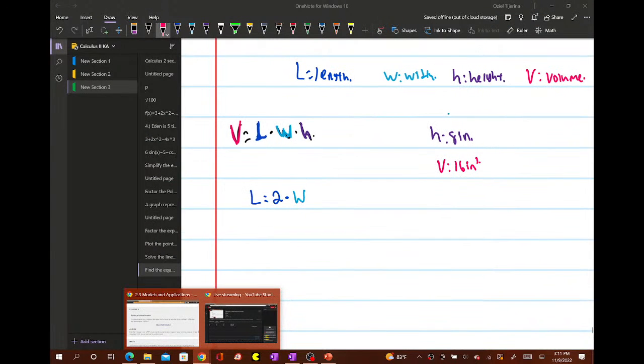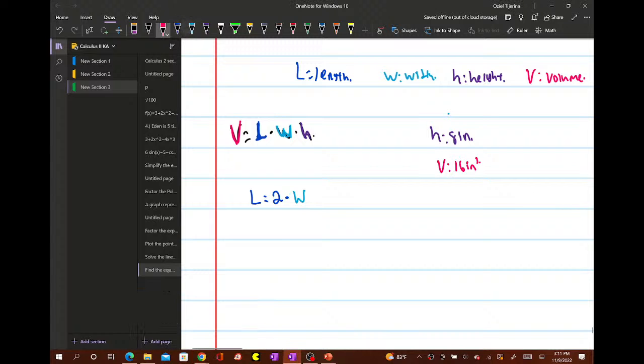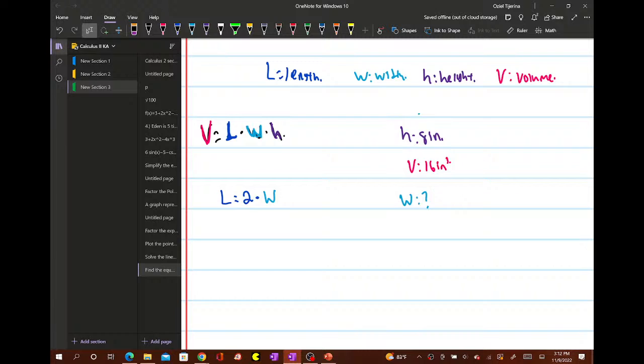So we need to find the width, and we also need to find the length.